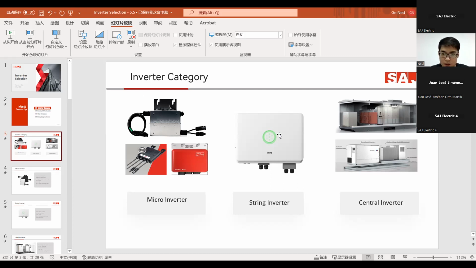And the last one is the central inverter, often used in big C&I and utility solar projects. Nowadays, central inverters often combine an upgrade medium voltage transformer in the same skid design.